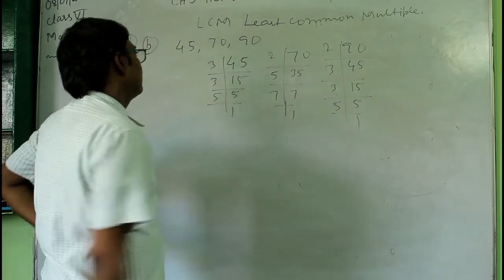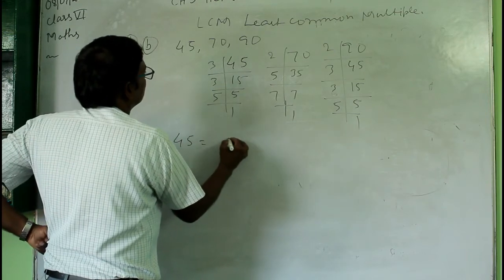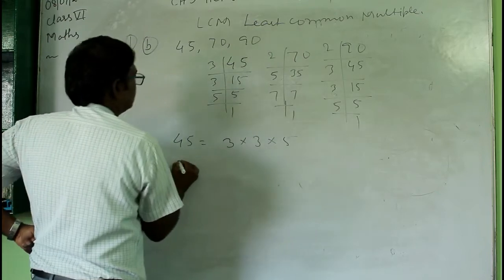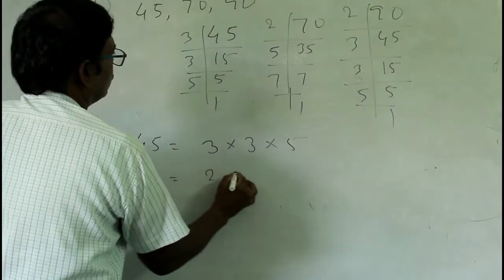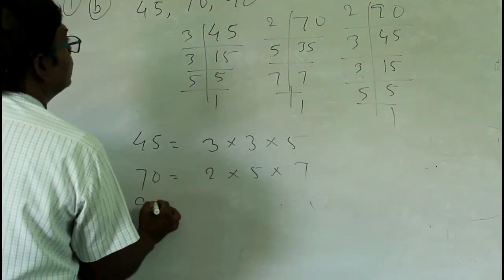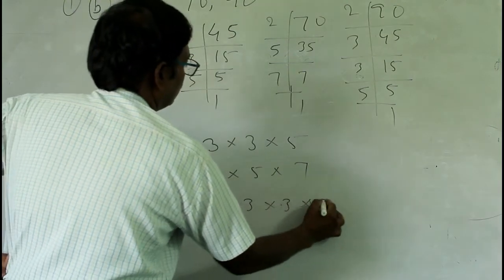These are the prime factorizations. Then write 45 equal to 3 into 3 into 5, and 70 equal to 2 into 5 into 7, and 90 equal to 2 into 3 into 3 into 5.